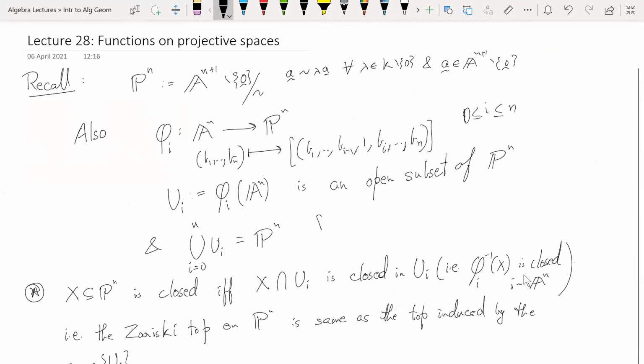Yeah, it's working. So (a0,...,an) is some point in Pn. Then of course we know that some ai has to be non-zero.